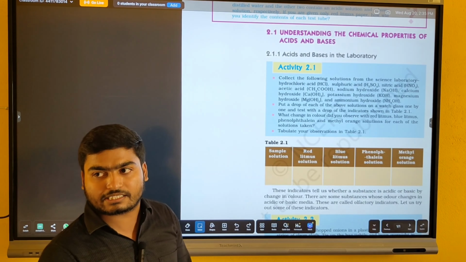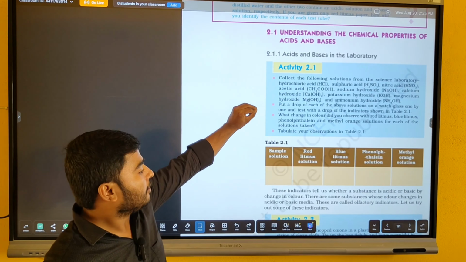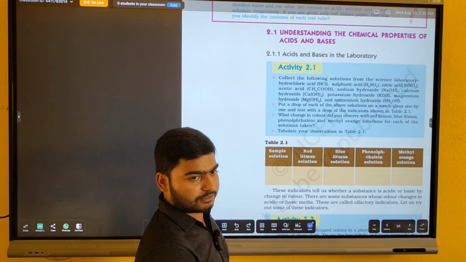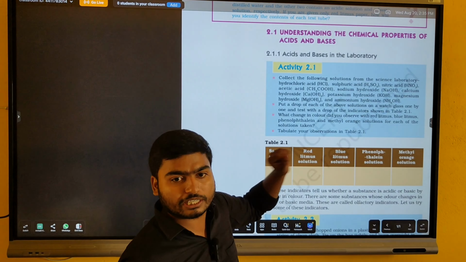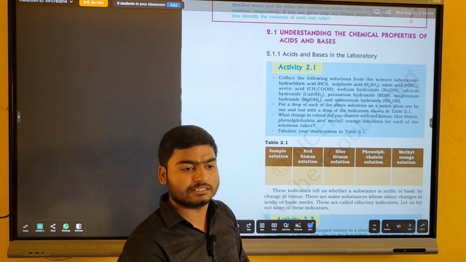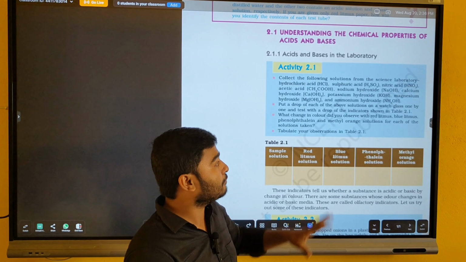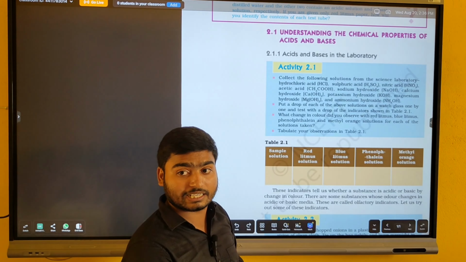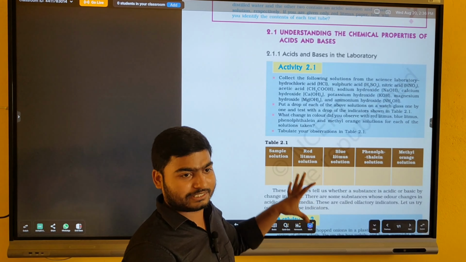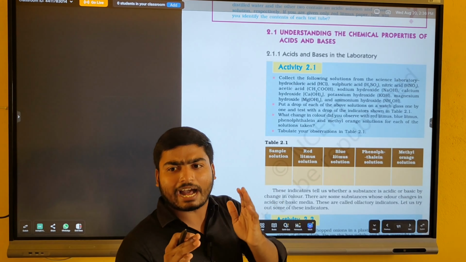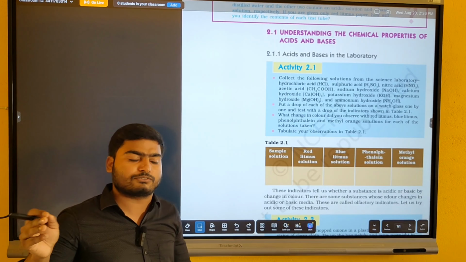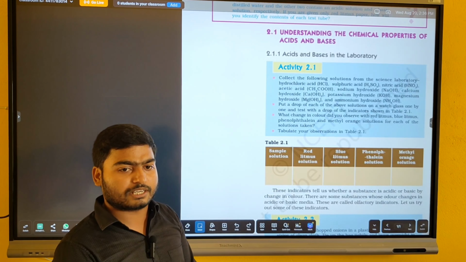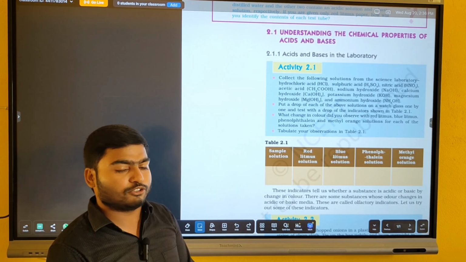When we put red litmus into an acid, what will happen? When we put blue litmus solution in an acid, what will happen? They are asking you. You have to do it with the activity, but questions will be asked directly from this activity in the CBSE board exam, and we had the table in our regular class, where I told you what kind of color will change when you put in acid.